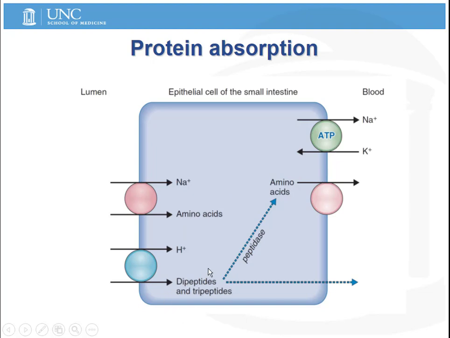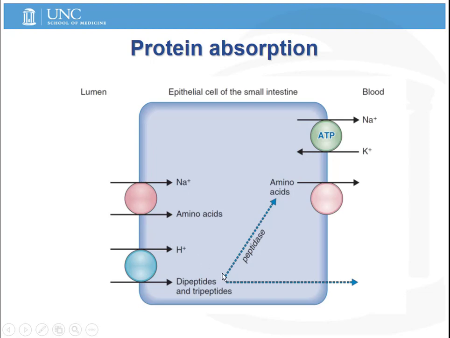The dipeptides and tripeptides are transported across the luminal membrane by a hydrogen ion peptide cotransporter, and these have a pretty broad specificity, and this is called a PepT1 transporter, and this is a form of secondary active transport coupled to hydrogen ions. So the hydrogen ion gradient is maintained by a sodium hydrogen exchanger that is also in the luminal membrane, although not pictured in this image.